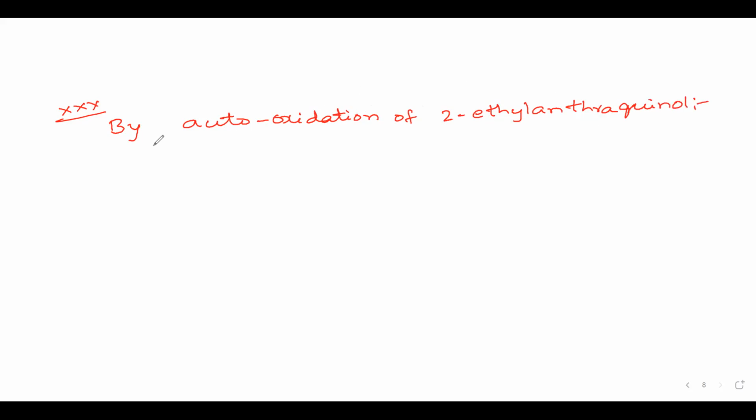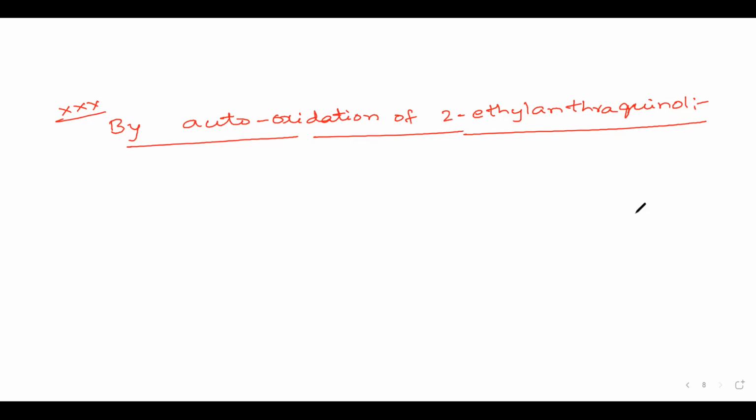You can see here, by auto oxidation of 2-ethyl anthraquinol. Hydrogen peroxide is also prepared by the auto oxidation of 2-ethyl anthraquinol.